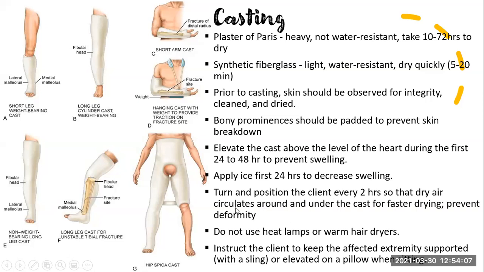Also, if we keep them sitting in just one position, for example with this hip spica cast, it's going to cause deformity due to the pressure of them sitting in that one position. We do not use hair dryers or heat lamps to dry it. And you may need to support the extremity with a sling or propped up on a pillow.